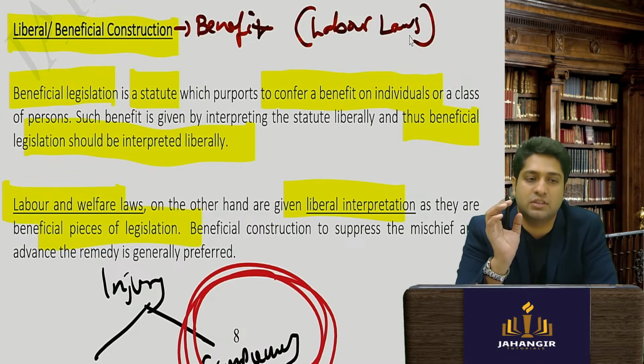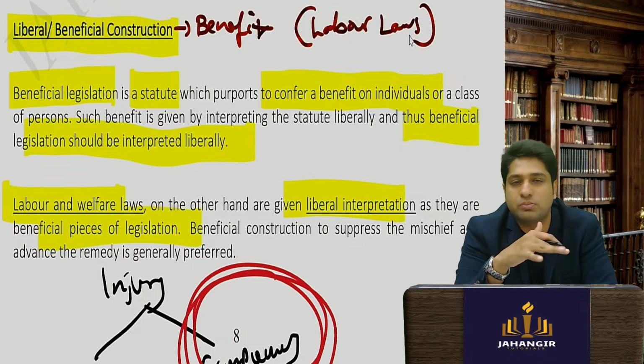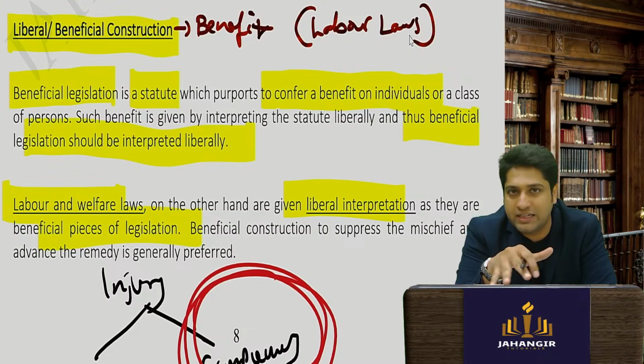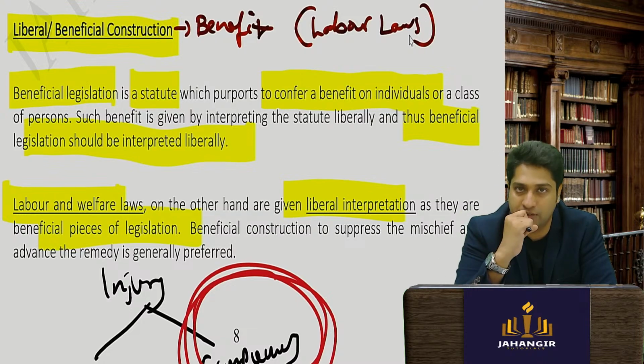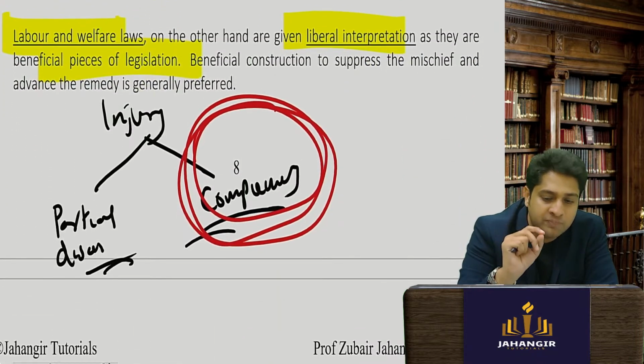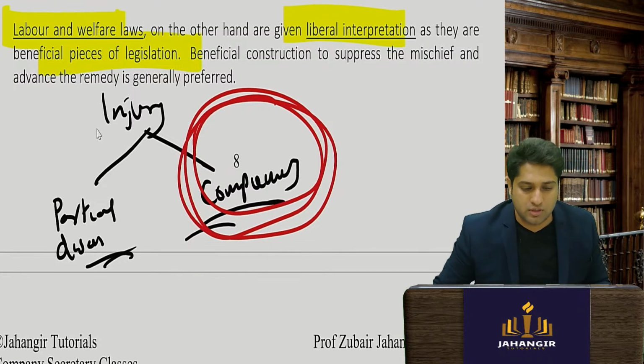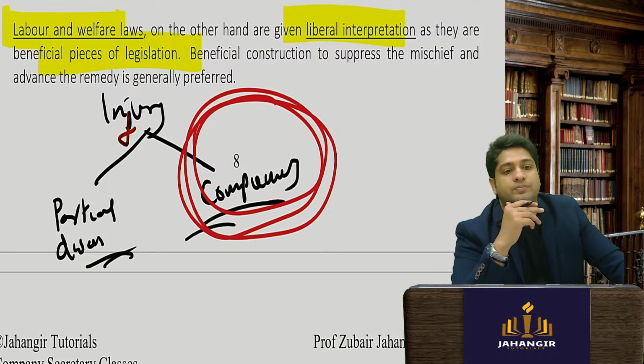A beneficial statute is a statute which confers benefits. If we make a liberal reading, then they get the benefit. So we try to be as liberal as possible, as easy going as possible. For example, a person got an employment injury. In employment, he got an injury.